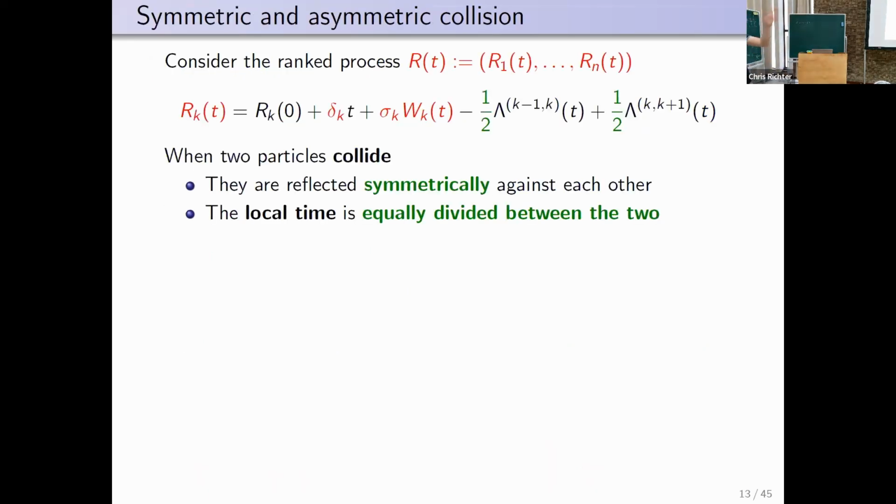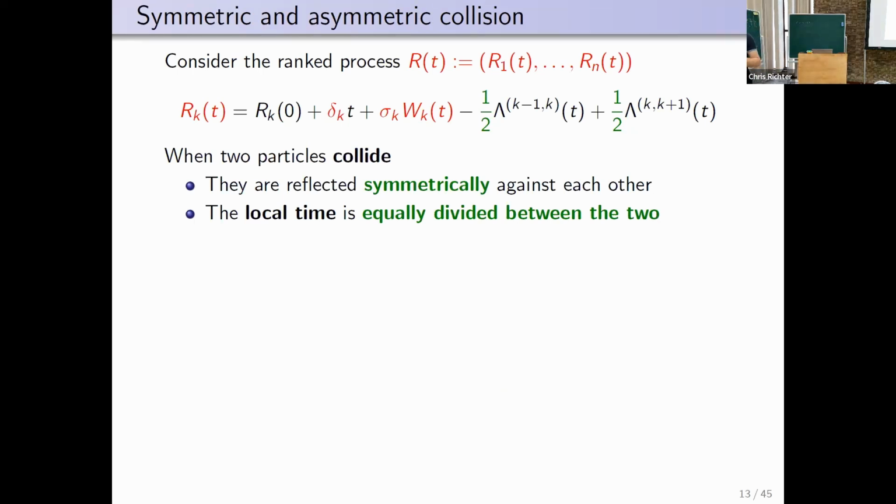So it's the same equation here. You see the rank process, R_k: the drift plus the Brownian motion plus the local time, which are in fact symmetric. Why? Because they are equally divided between two particles. If you want a pushing process, if you do not want the two particles to cross, you have to add the local time.